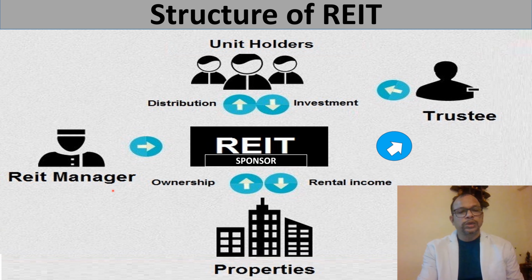The REIT manager is generally a private company, or a company of the sponsor only. They will manage the property, whether commercial, residential or healthcare, and ultimately distribute the dividend to the unit holders who buy the units.